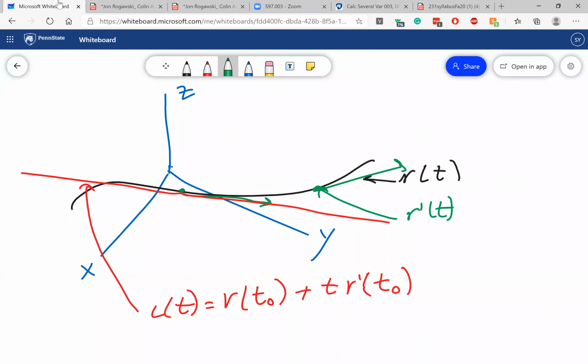So again, this over here is v, lying on the line, and then you have your line.